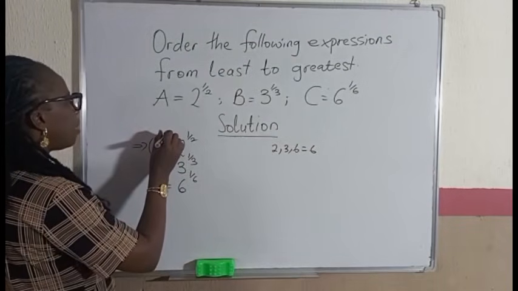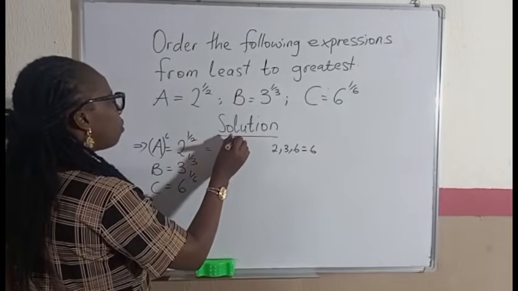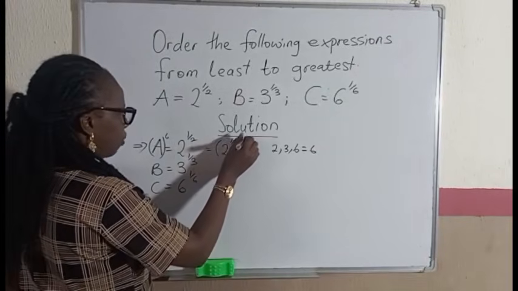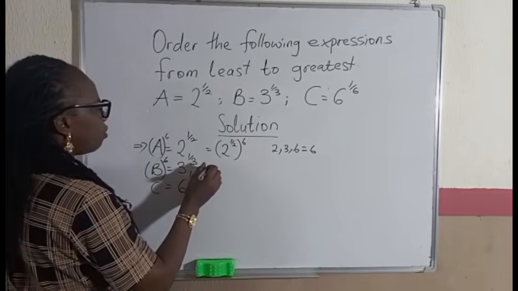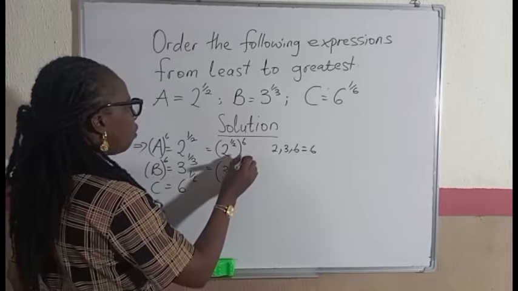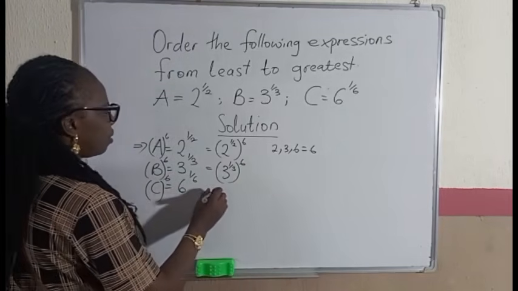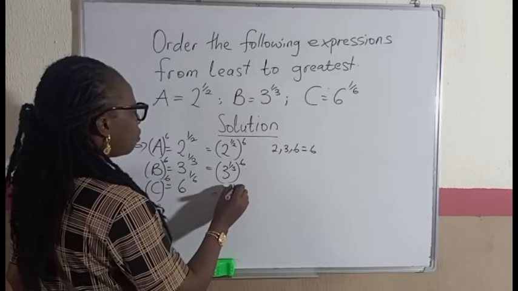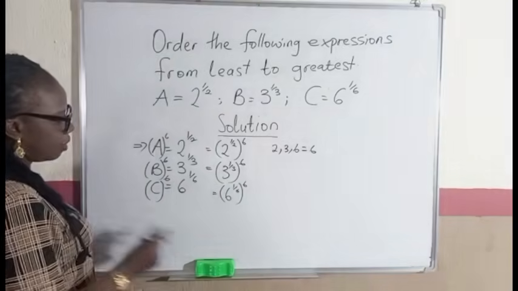So if we say that a raised to power 6 is equal to 2 raised to power 6, and b raised to power 6 is equal to 3 raised to power 1 over 3 all raised to power 6, and c raised to power 6 is equal to 6 raised to power 1 over 6 all raised to power 6.